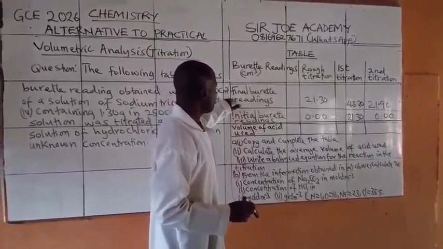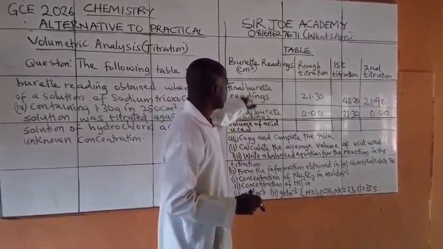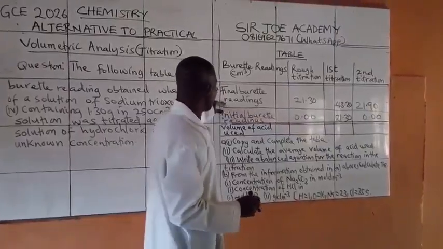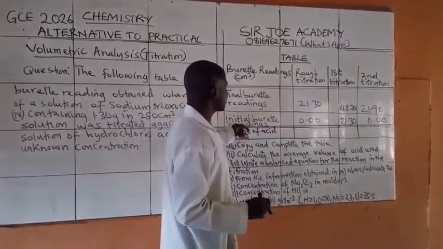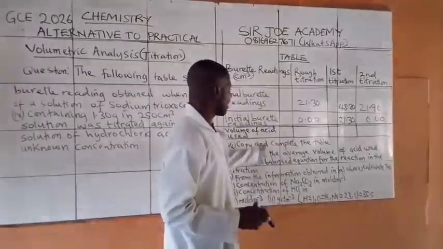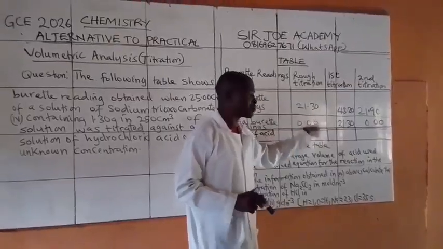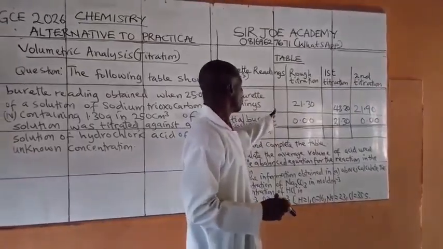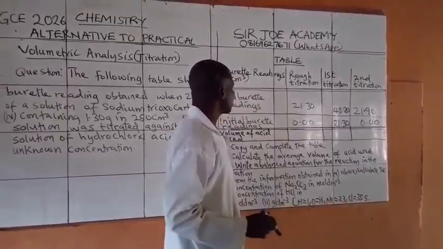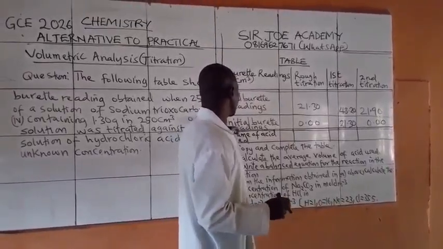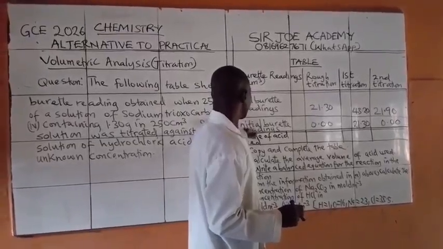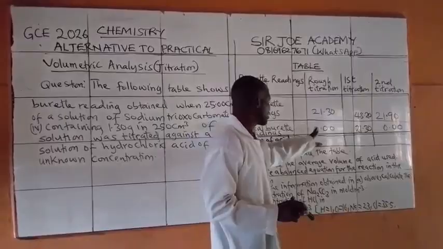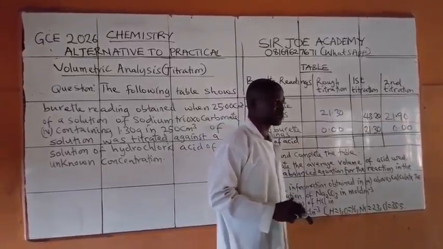So along the horizontal line, for the final burette readings under rough titration, we have 21.30 cm³. Then the initial burette reading is 0.00 cm³.